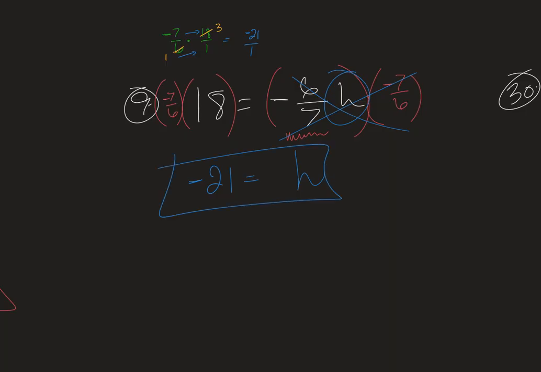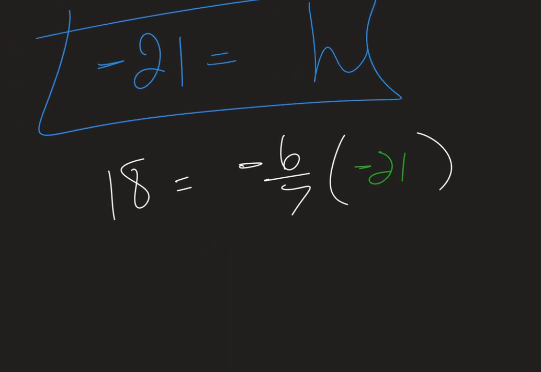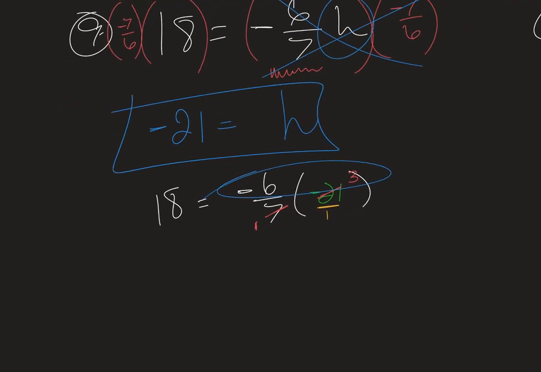So we're going to plug that back in. Does 18 equal negative 6/7 times 21? Well, like we just did, this is really 21 over 1. And 7 can divide 21 3 times and itself once. So what we're left with is negative 6 times 3, which is negative 18.